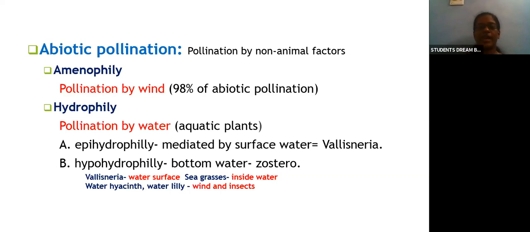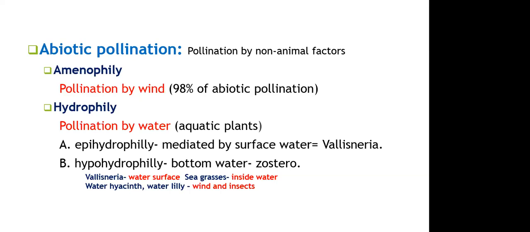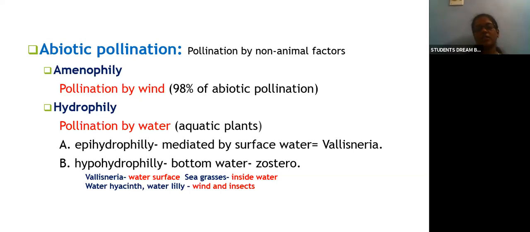For example, epihydrophily, that is mediated by surface water. If the pollen transfer happens on the surface water, for example in Vallisneria plants. Then we have hypohydrophily at the bottom water. Surface water is epihydrophily, bottom water is hypohydrophily.